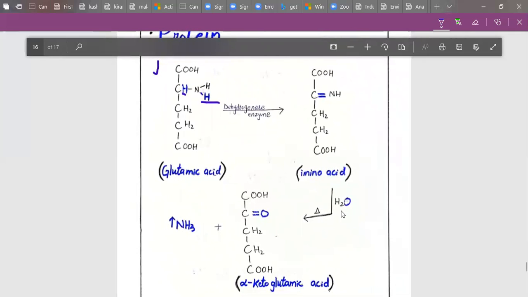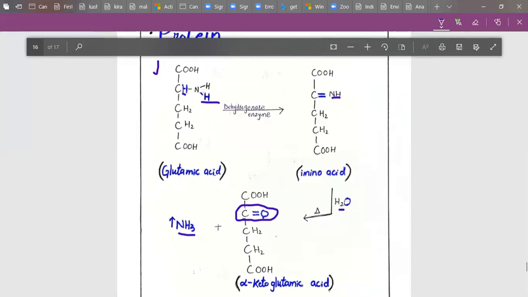In the presence of water, this NH reacts with H2 and then forms NH3, or ammonia, and oxygen takes its position. So we can say that this is the formula of alpha-ketoglutaric acid, because this is the functional group of a ketone.